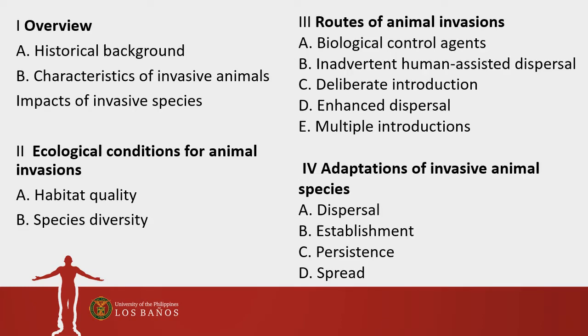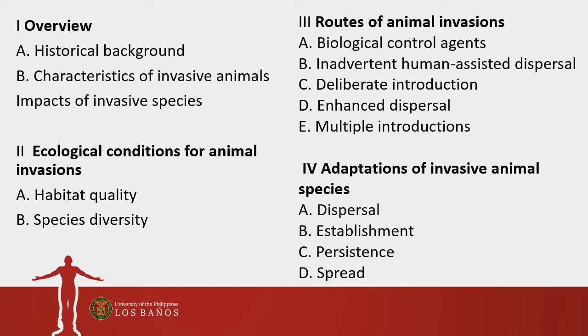For our course outline, we will start with an overview of the historical background and characteristics of invasive animals and their impacts. The second topic is ecological conditions for animal invasions, discussing the habitat as well as species diversity in invasion areas. 3.